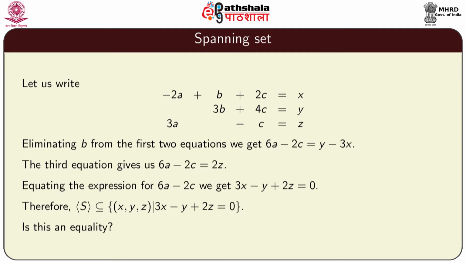If we eliminate b from the first 2 equations, we get 6a - 2c = y - 3x, and the third equation gives us 6a - 2c = 2z.